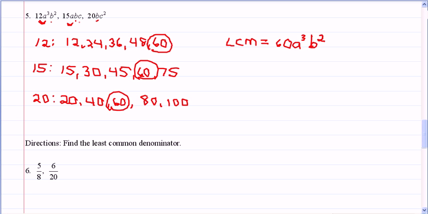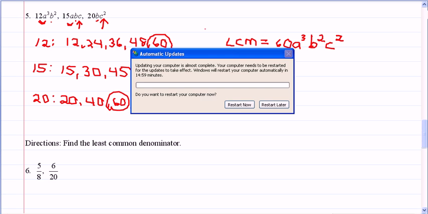And last, I look at my c's, and my second term has c to the first, my third term has c squared, the higher of the powers is 2, so my least common multiple is 60a cubed.